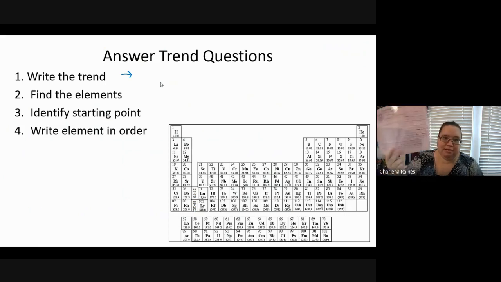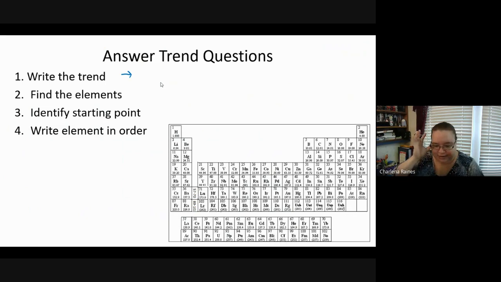I have mine laminated because I use dry erase markers on it when I am doing trends. But if that doesn't work, then pencil and eraser, or a tablet and a stylus. Identify your starting point, and then you're going to write your elements in order. Sounds easy, but we've got all those trends. So that's why we start by writing the specific trend that we are looking at.